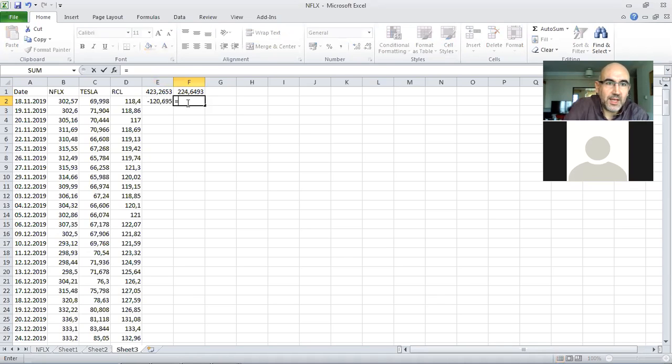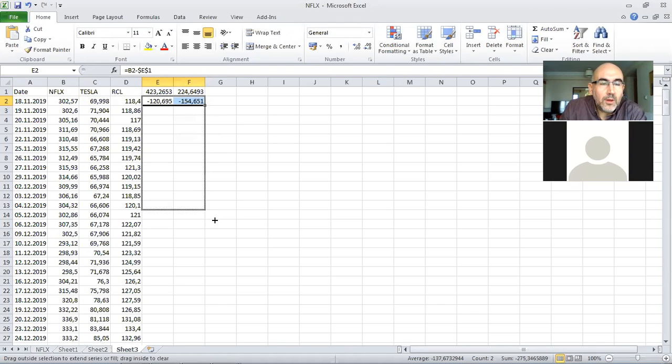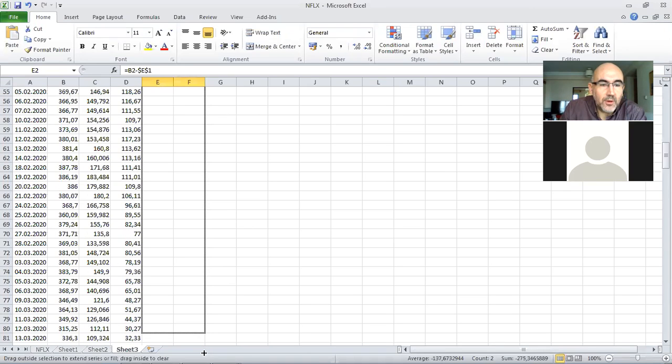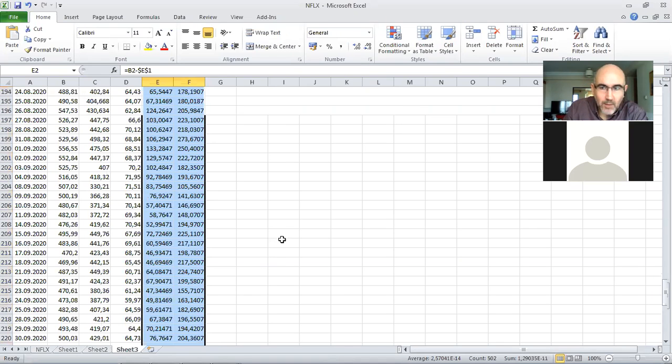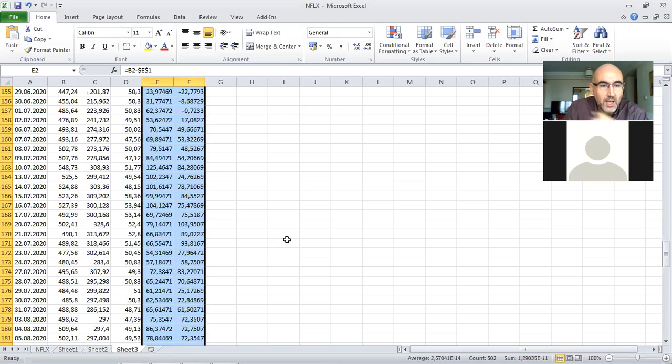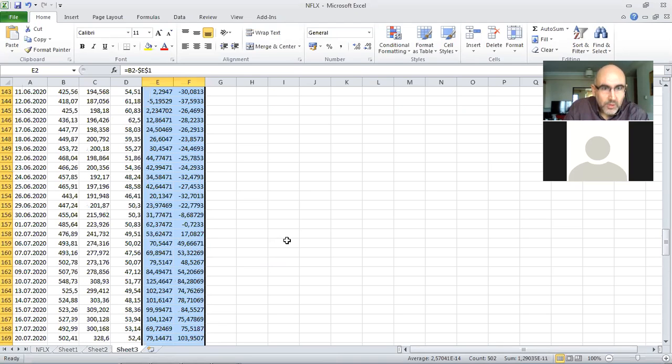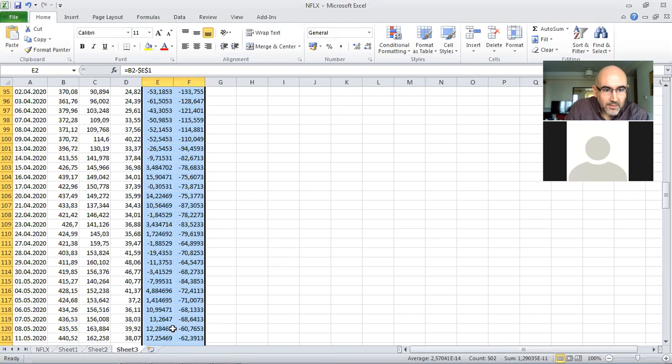I'm going to do the same thing for the next one, fixing it using the F4 key. Now if I paste it all the way down, I have differences from the means side by side. You can notice these are mostly positive, at some point they are negative, and there are some mixed values, plus and minus.